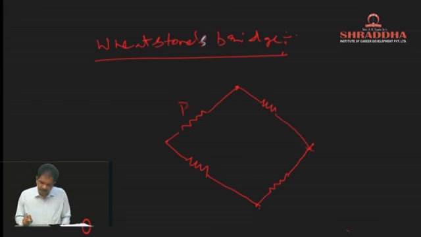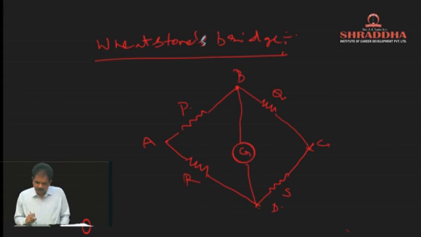It will have four resistors, P, Q, R, S. In between, let these junctions be A, B, C, D. Between the points B and D, one galvanometer will be connected. And between the points A and D, one battery and one tap key will be connected.